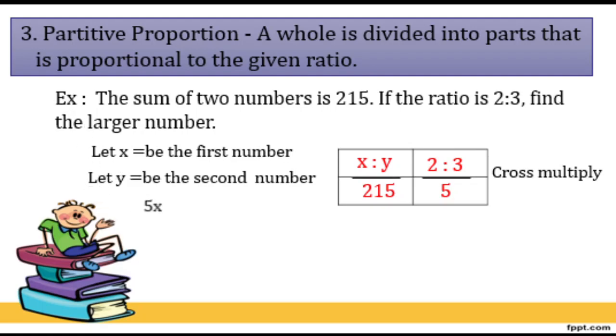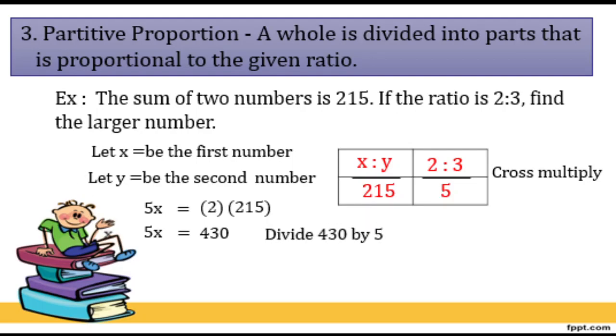Okay, so 5x. So you have x times 5 is 5x, equal to 2 times 215. Okay, rewrite 5x. And 2 times 215 is equal to 430, and then divide all terms by 5.